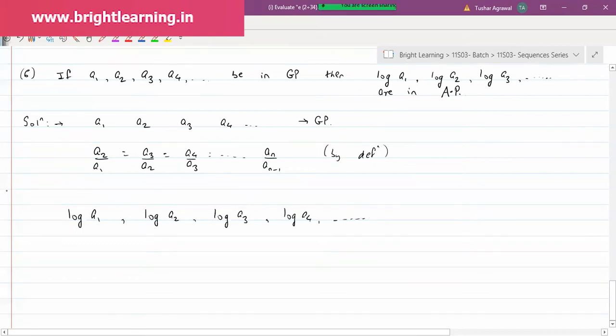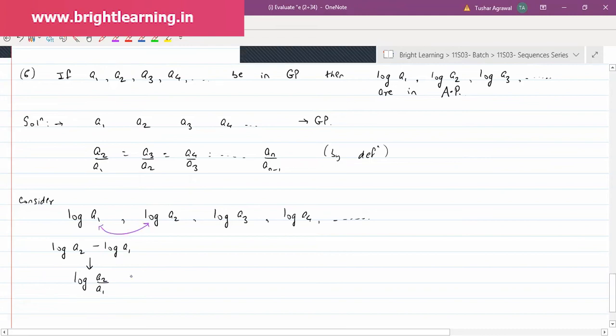Log A2 minus log A1 will be equal to log of A2 upon A1. This is the difference of two terms, next term minus previous term.